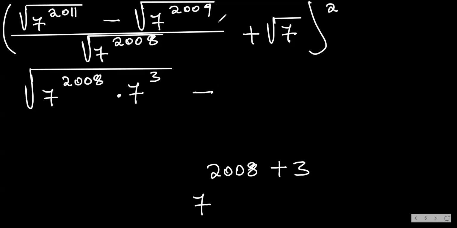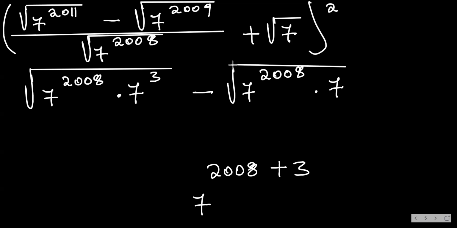Then we move on to the second part. It's 2009, so we just need to write it as 2008 plus 1. So we have square root 7 to the 2008 here, and this is multiplied by 7 to the power 1. You can choose to say 7 only, that's fine, because any number has an exponent of 1.